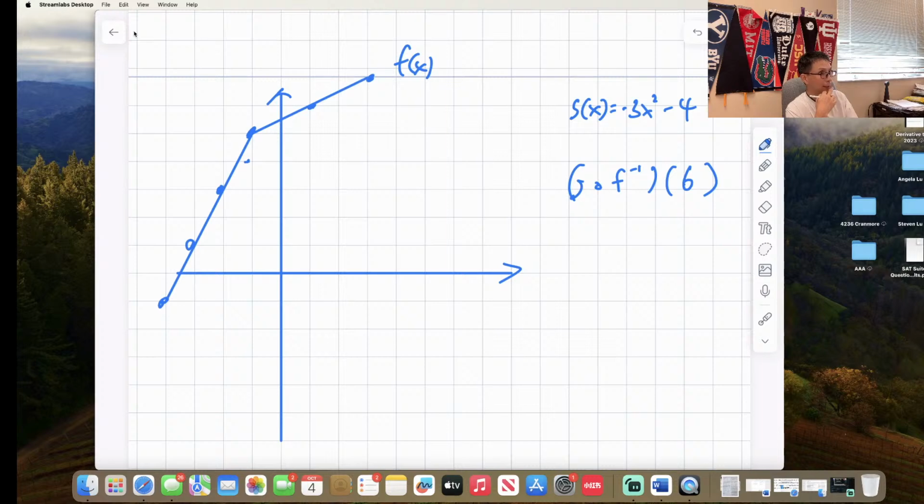What do you guys think? -2. Hold on, we'll wait a little bit. Yeah, 3x squared or 3x cubed? 3x squared. Thank you.